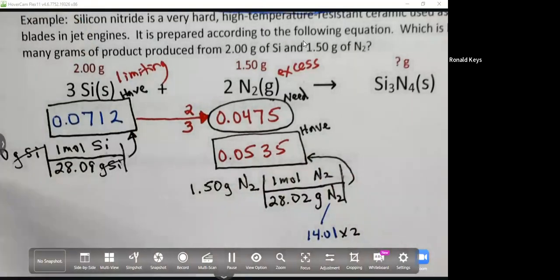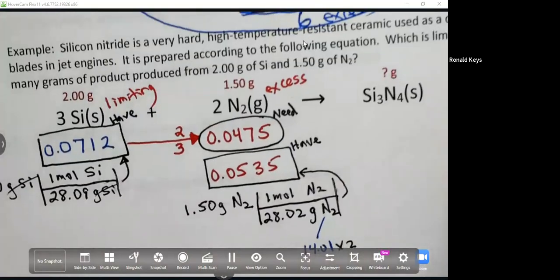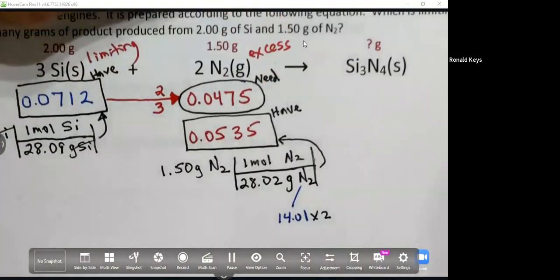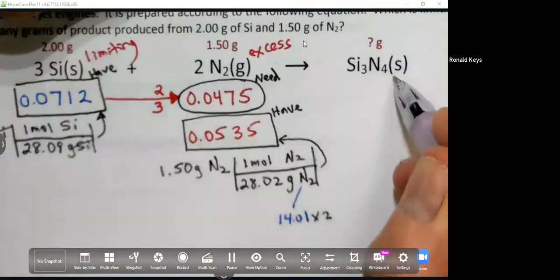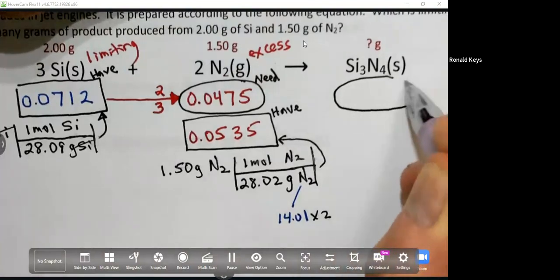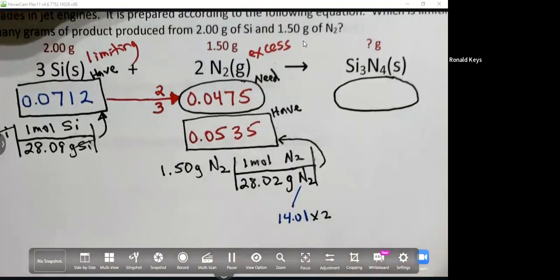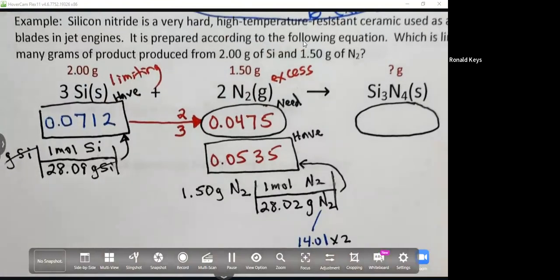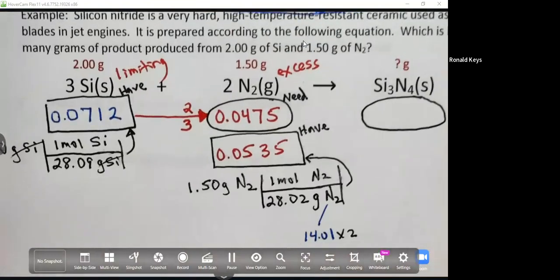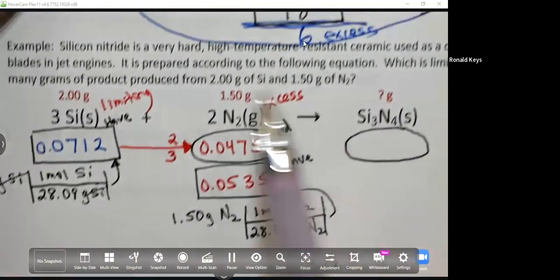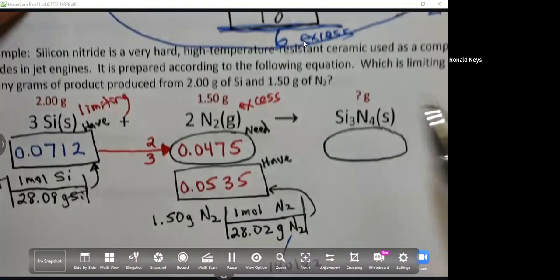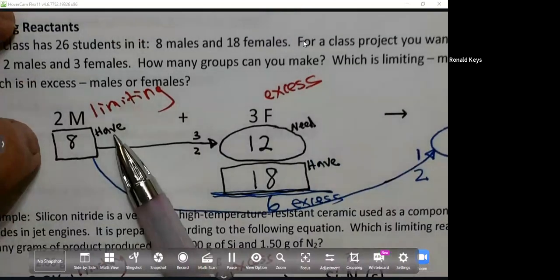So the question is, how many moles of silicon nitride are you going to make? Remember what I set up here. Come off of what you have of the limiting.